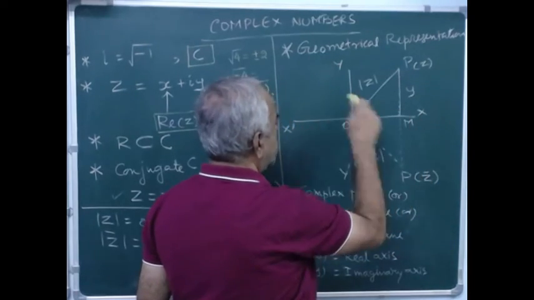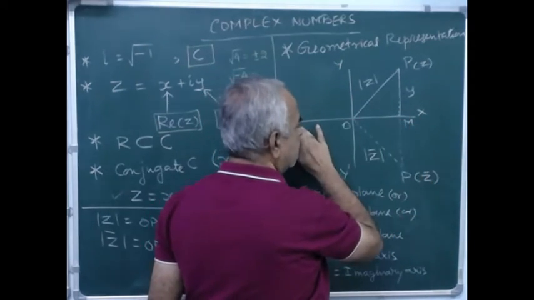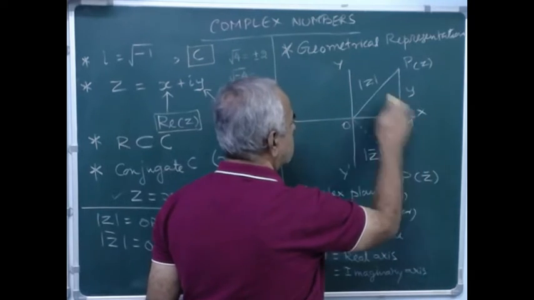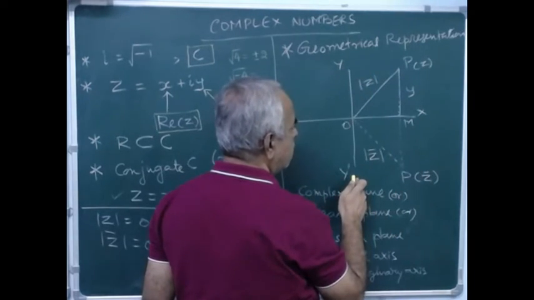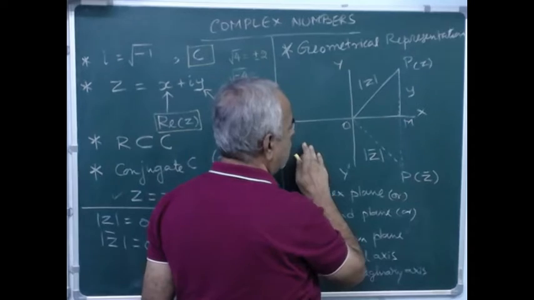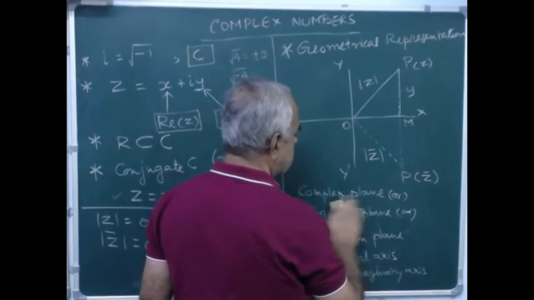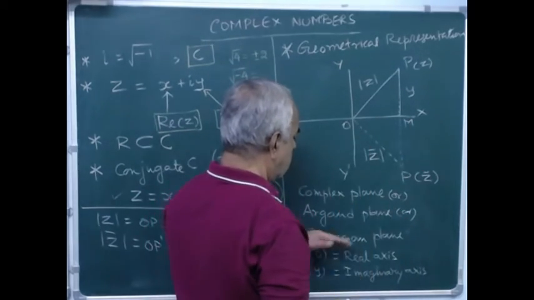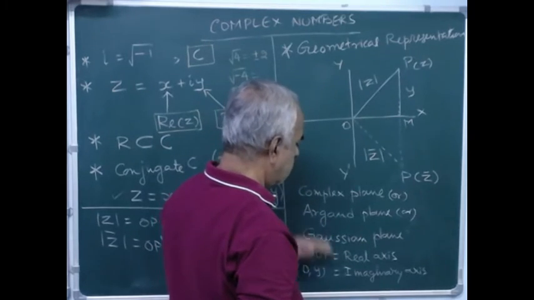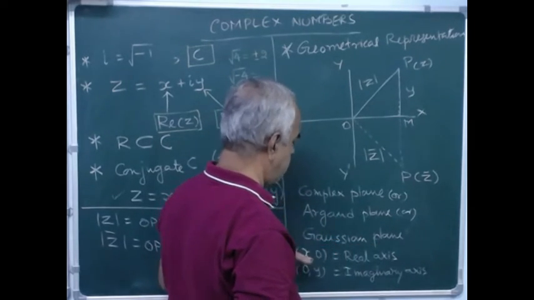Okay, for example, in the xy plane, x takes only the real part, whereas y takes the imaginary part, and that is why it is called the complex plane. And it can also be called the Argand plane, and that is also known as the Gaussian plane.